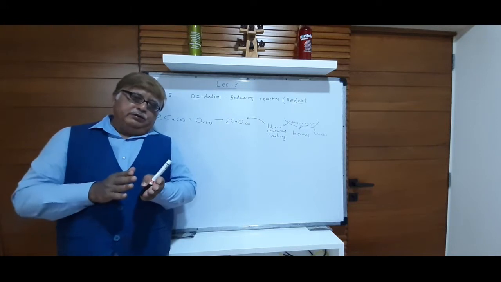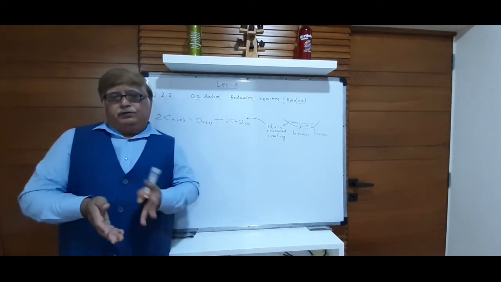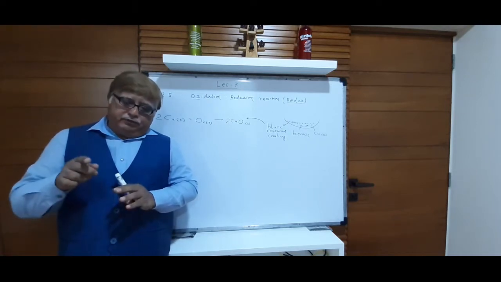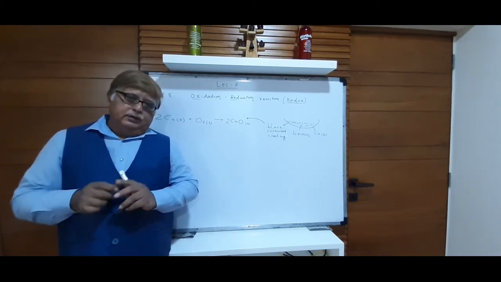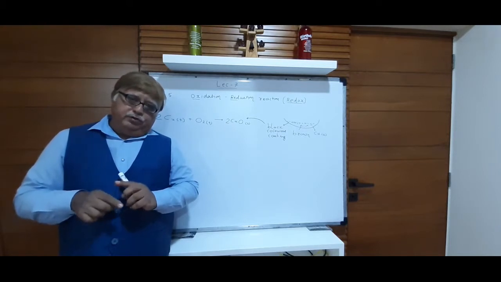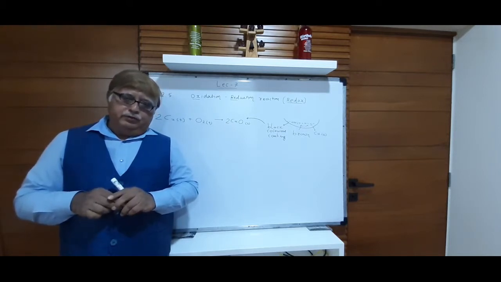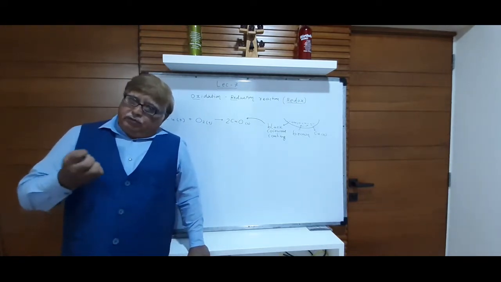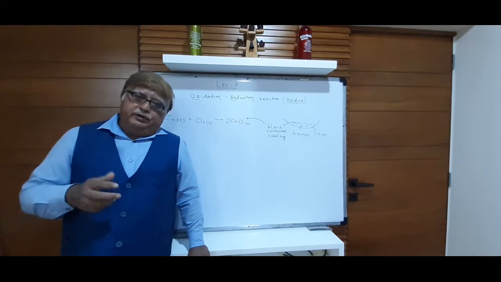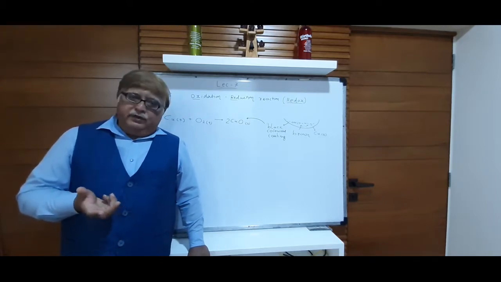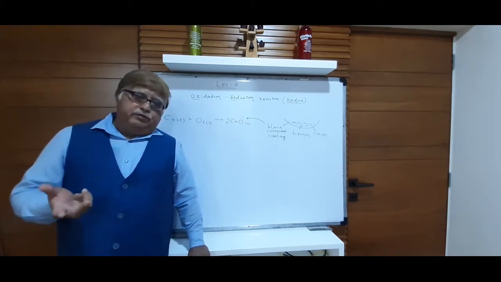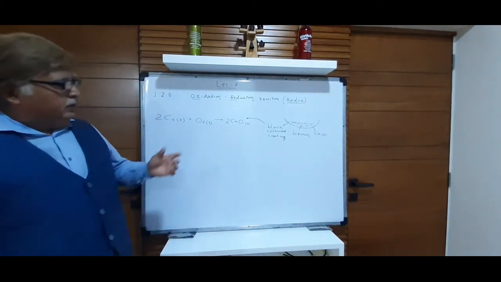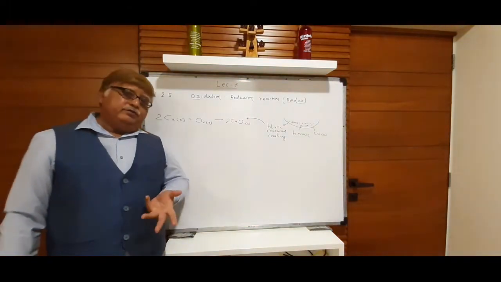If you think of that chemical reaction in reverse, that means 2H2 plus O2 gives 2H2O. What happened there? Oxygen is added to hydrogen and water is formed. So again there is addition of oxygen, so we may call it an oxidation reaction. So many examples of oxidation reaction we discussed.